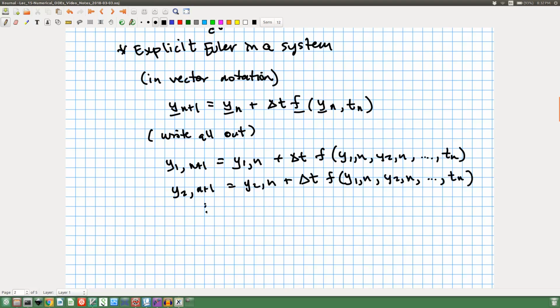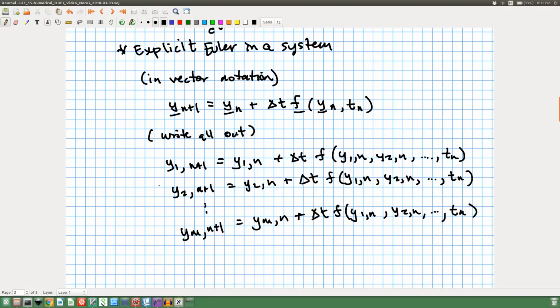And all the way down until ym at n plus 1 is ym at n plus delta t f of y1 at n, y2 at n, dot dot dot, t at n. So that's writing that all out. So the explicit Euler still applies.